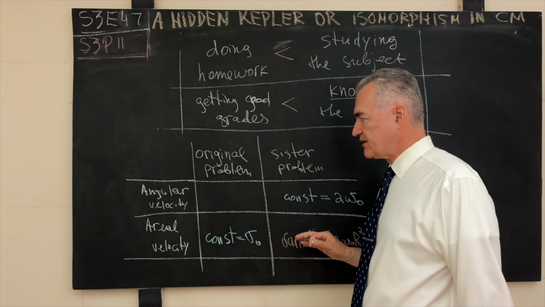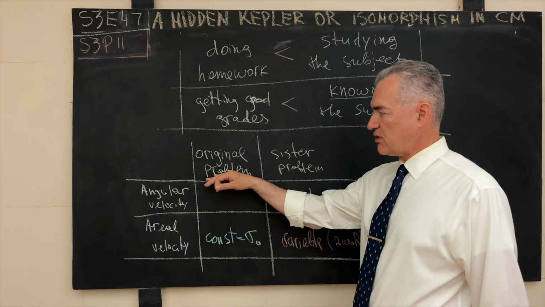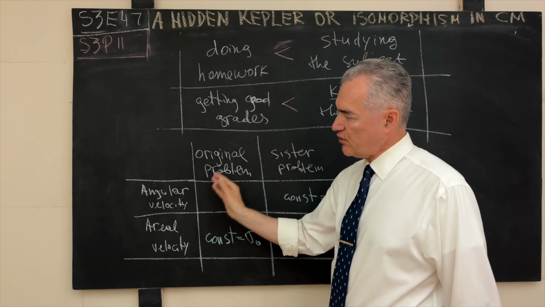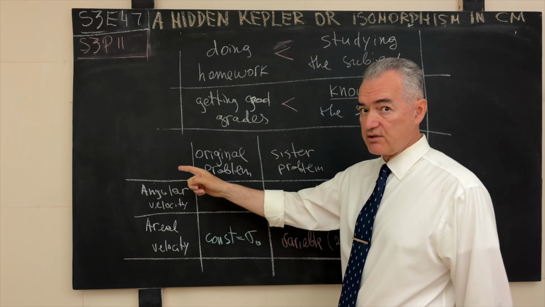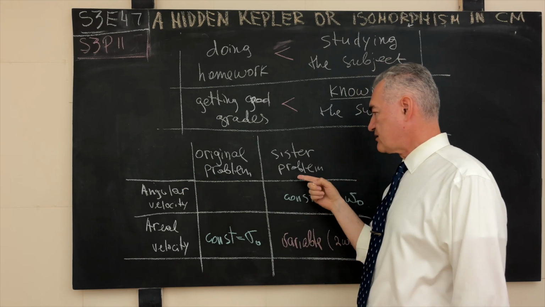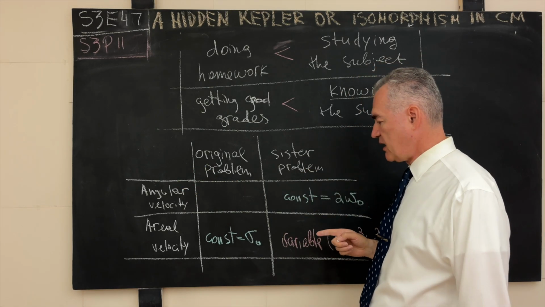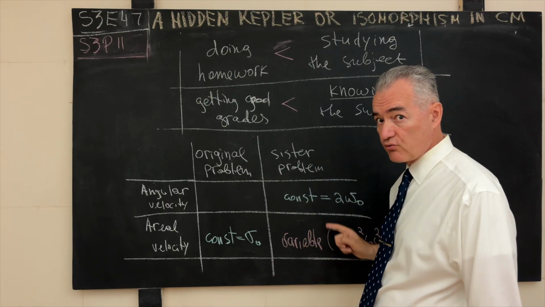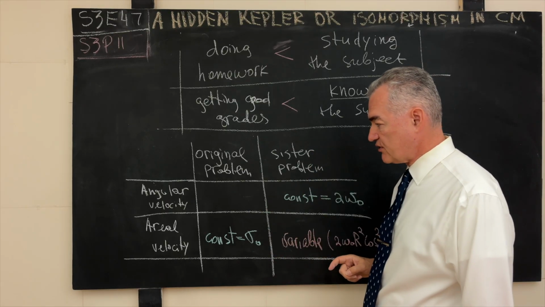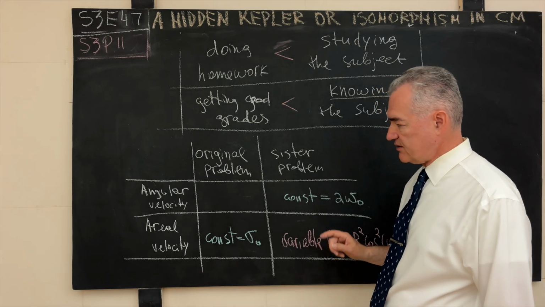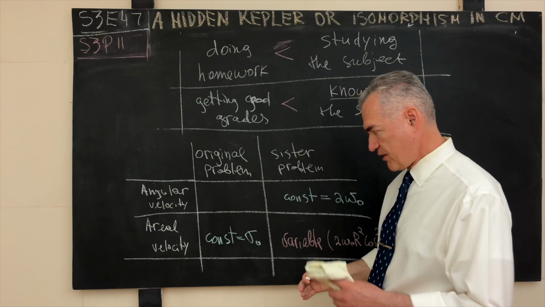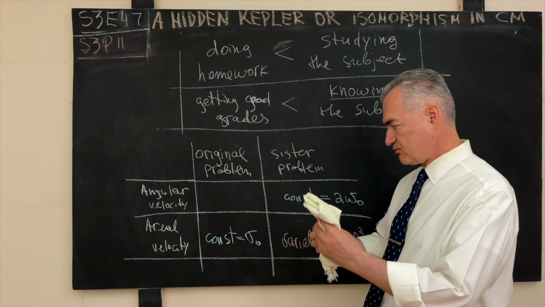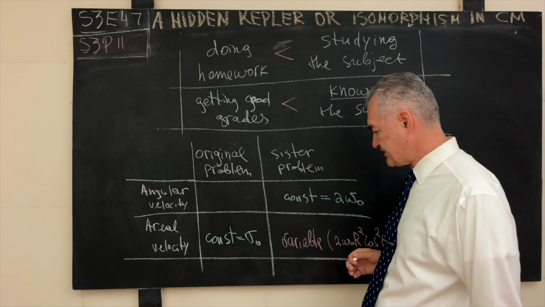We compile a little table where we take our original problem, where the point was moving on a circle with the constant areal velocity relative to an off-center point, and our sister problem, in which we made a rod spin over a point on the periphery of a circle at a constant angular velocity, and we compare the angular velocities to areal velocities in both cases, because in this comparison we will hopefully gain some understanding.